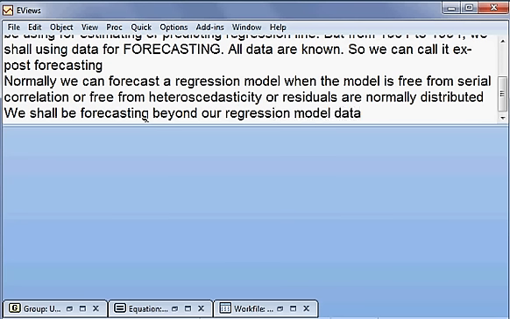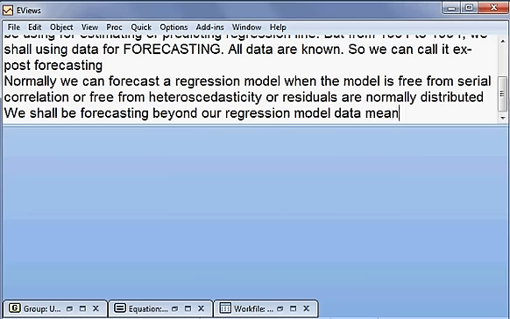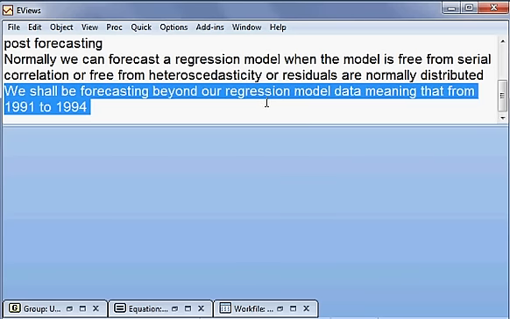We shall be forecasting beyond our regression model data, meaning that from 1991 to 1994, right?